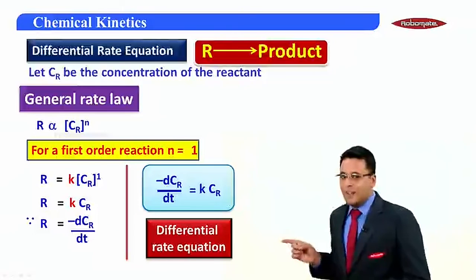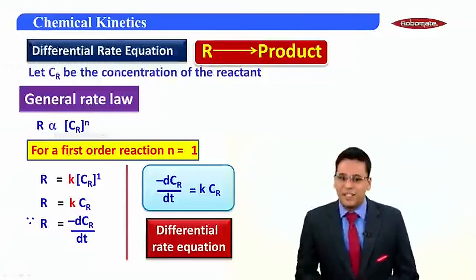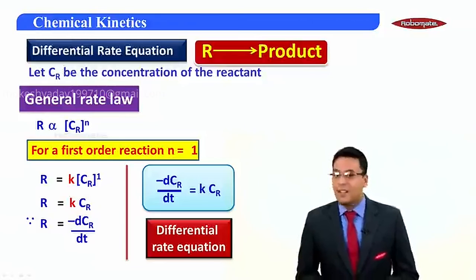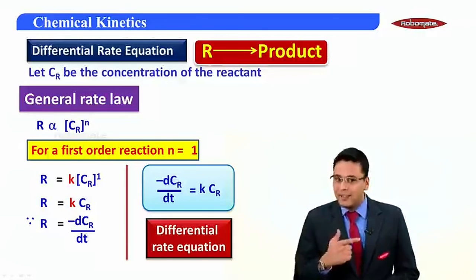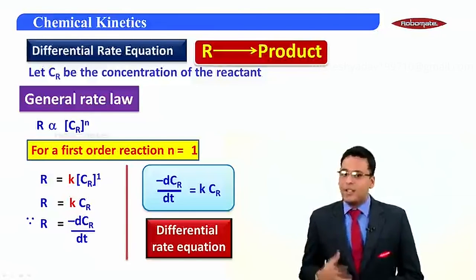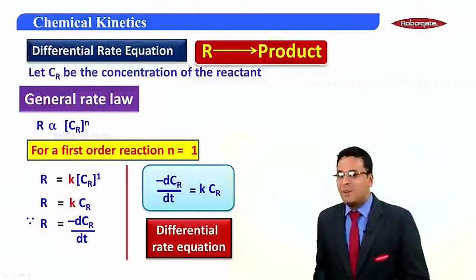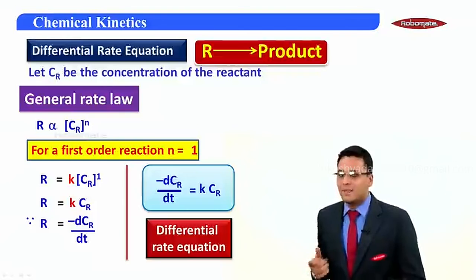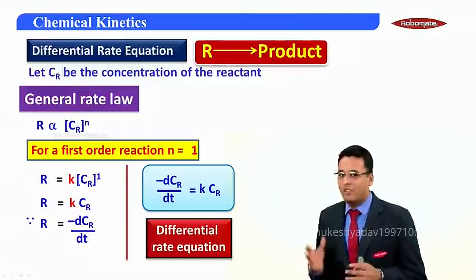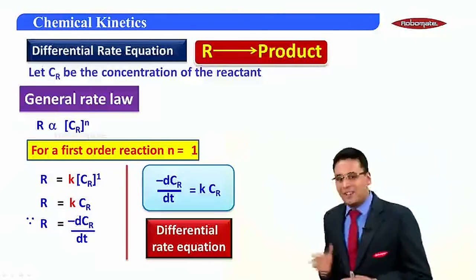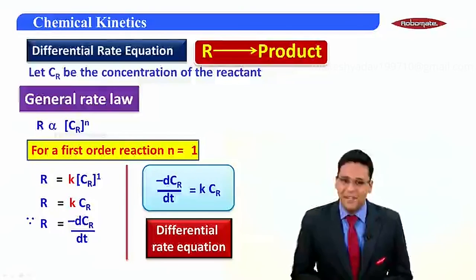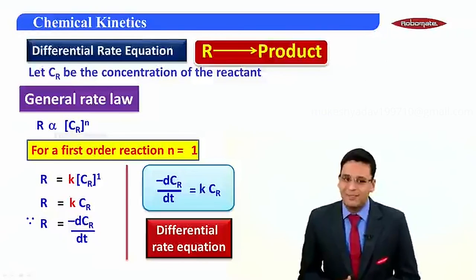And this, my friends, is called the differential rate equation for a first order reaction. kCr comes from the rate law expression and minus dCr by dt comes from the definition of the rate of reaction. So this is how you derive the differential rate equation from the general rate law.